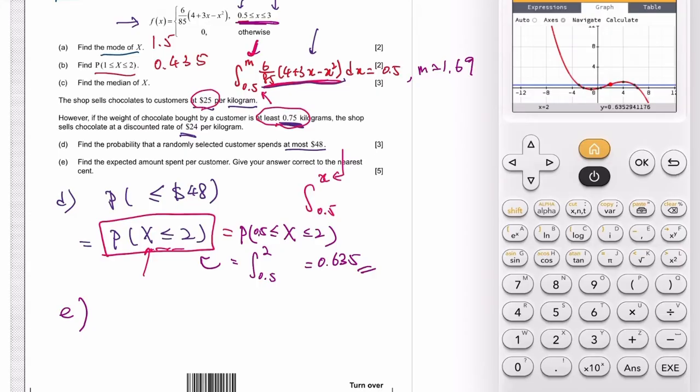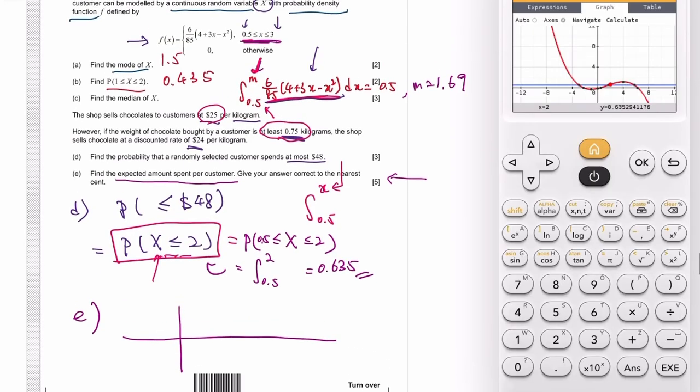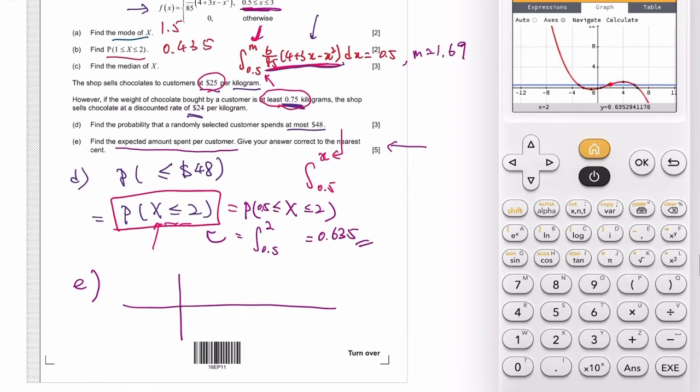All right. And the expected amount spent per customer. I believe this is the complicated part. But if you know what to do, it's not too bad. Some similar idea has occurred in SL in some sense, but obviously not with a PDF.